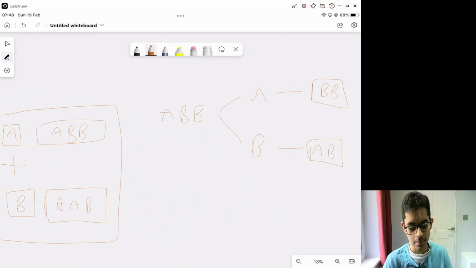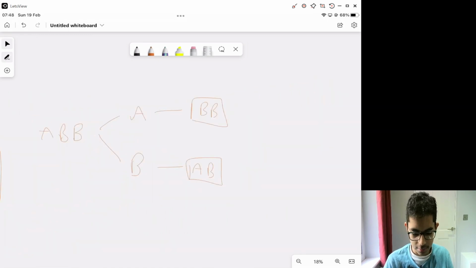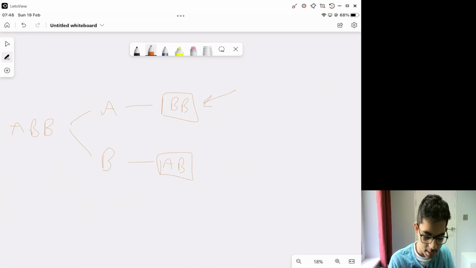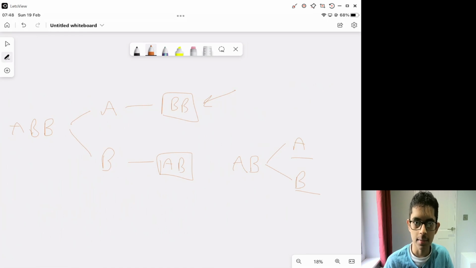Eventually we'll reach a base case, and this base case is when all the letters are of the same type, e.g. BB, because there's only one unique way to order BB, which is BB obviously, or when we're rearranging AB, then we'll get two single letters A and B, and that's our second type of base case.